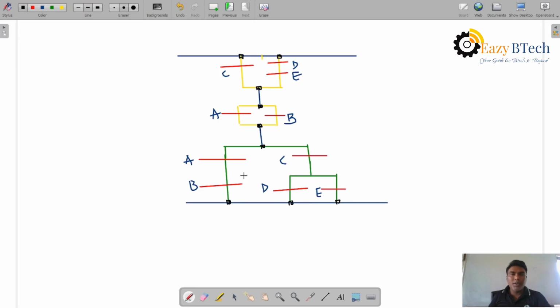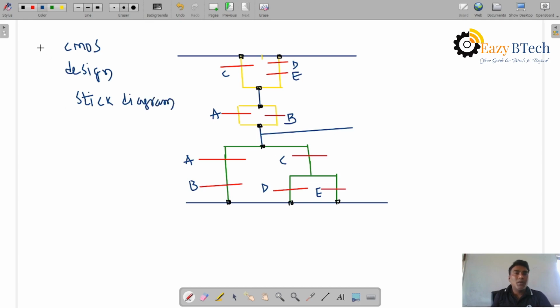This is what we can take as the output signal, the output terminal. This is the CMOS design stick diagram for the given logic.